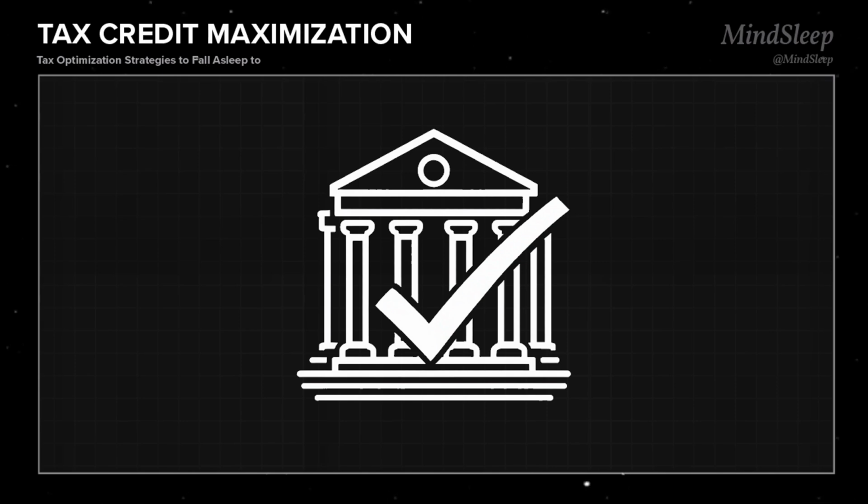It requires a combination of knowledge, planning, and careful execution. By understanding the available credits, strategically timing actions to qualify for them, and meticulously documenting your activities, you can harness the full power of tax credits to optimize your overall tax position.